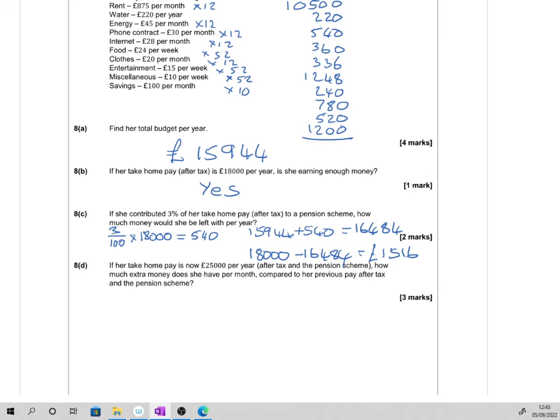Right, if her take-home pay is now 25 grand a year after tax and pension scheme, how much extra money does she have per month? So we need to do £25,000 take away all her budgets, 16,484, which means 8,516.